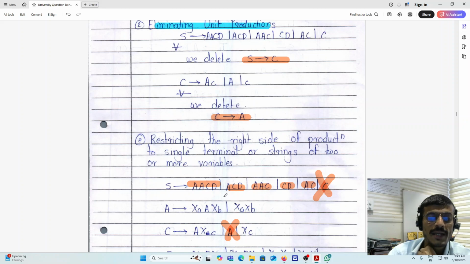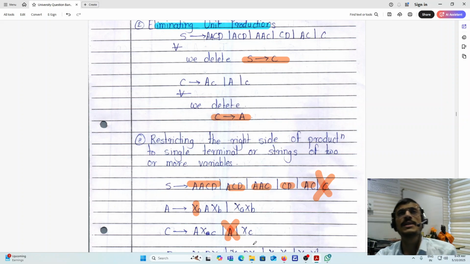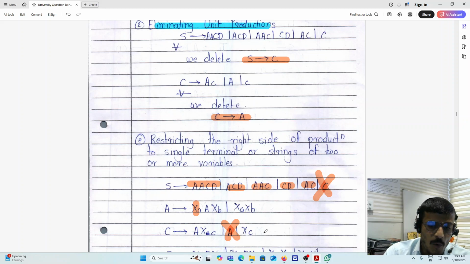Instead of that small a, we have replaced it by the non-terminal symbol XA, and small b is replaced by the non-terminal symbol XB.